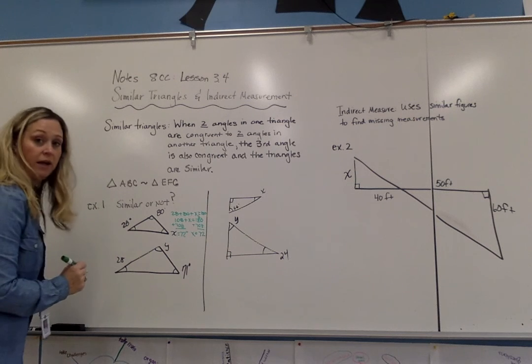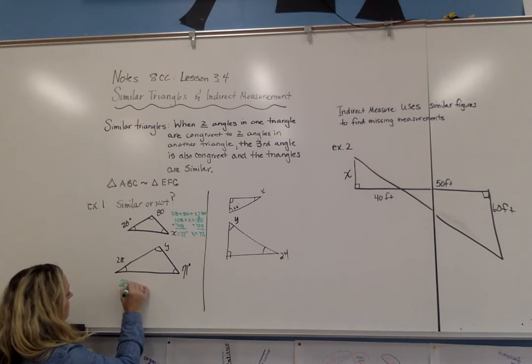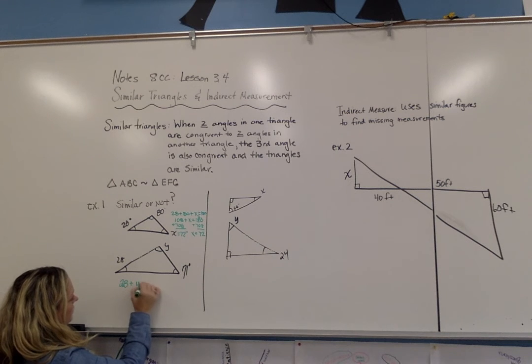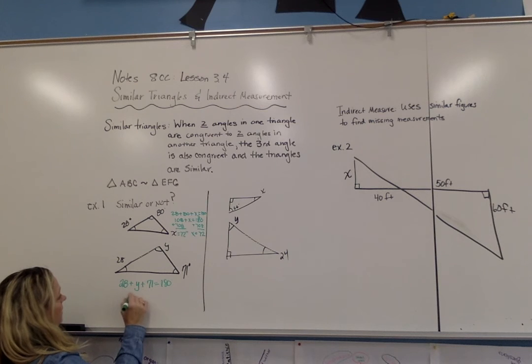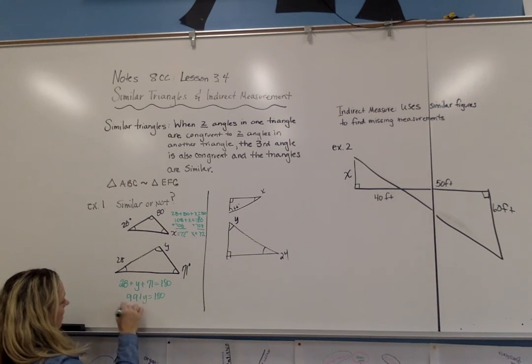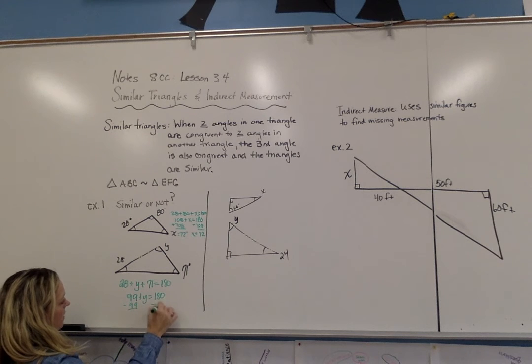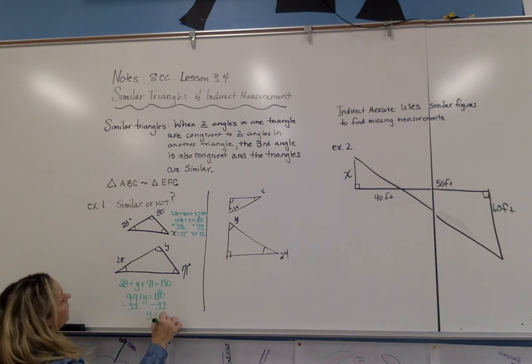In my second triangle, I go ahead and set up another equation. Angle sum is 180, so 28 plus y plus 71 equals 180. 99 plus y equals 180. I subtract 99 or add negative 99. This ends up equaling 81.